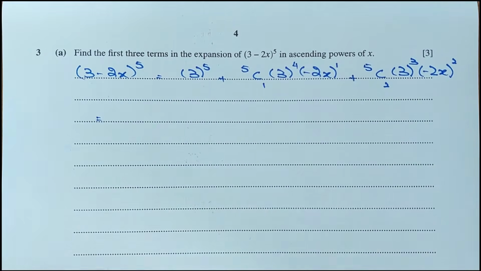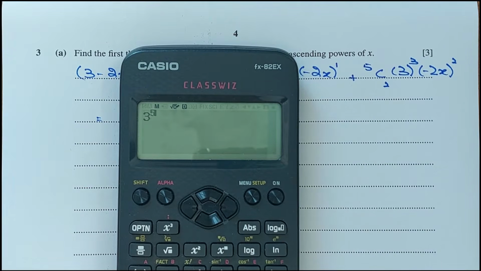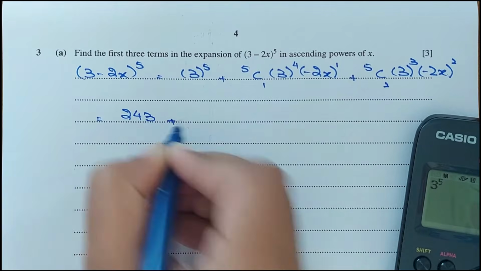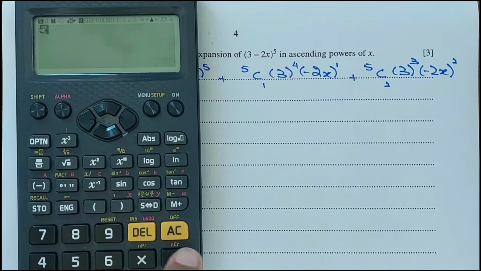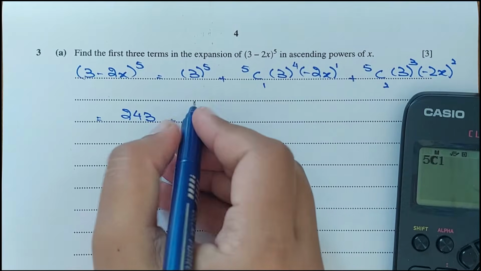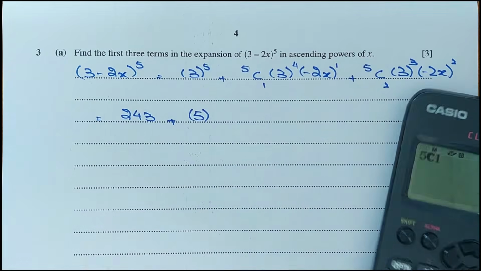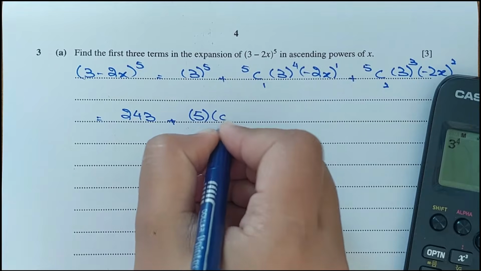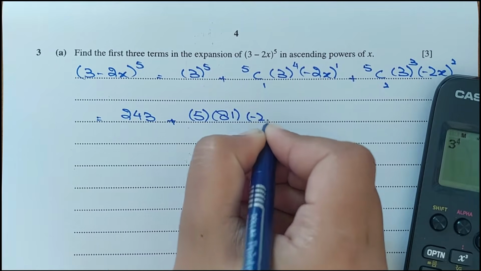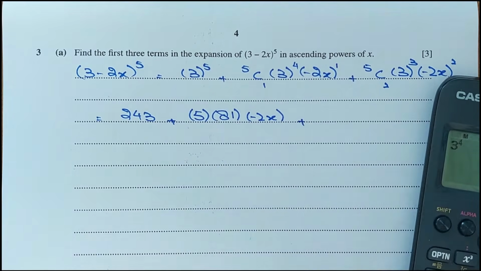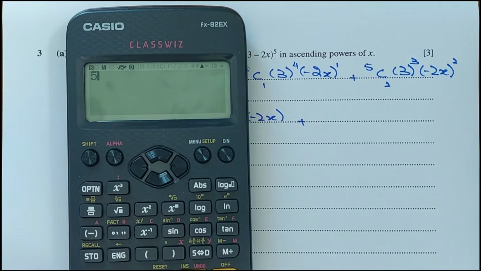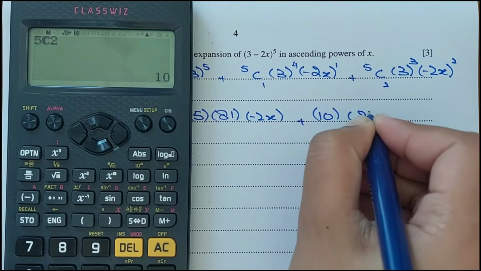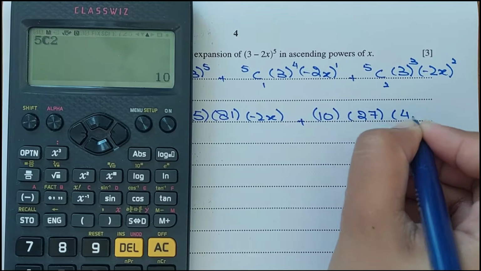Further simplification, 3 power 5 is 243 plus 5c1 is 5 times 3 power 4, 81 times minus 2x plus 5c2, which is 10, 3 cube is 27, minus 2 square is 4, x square.